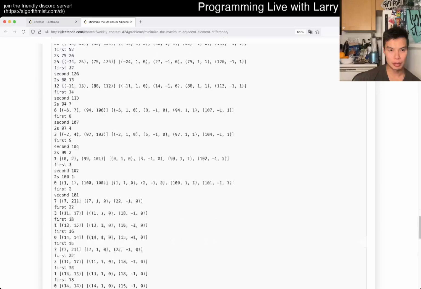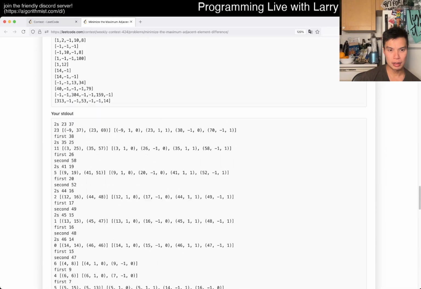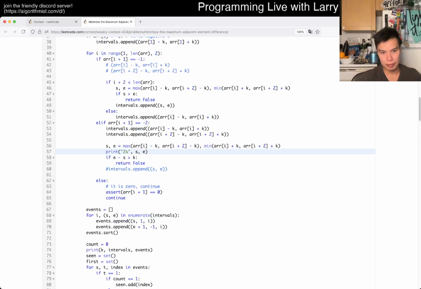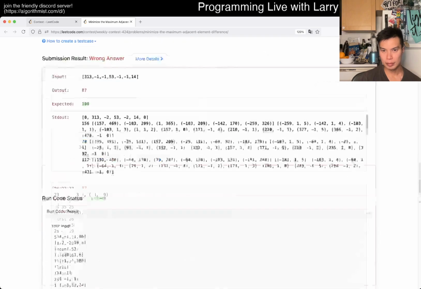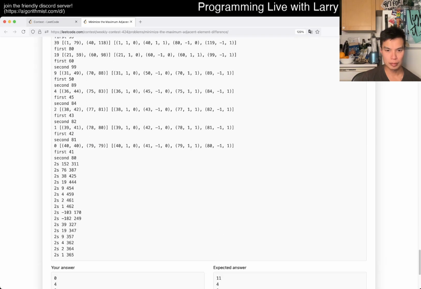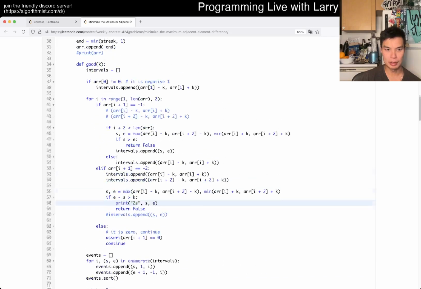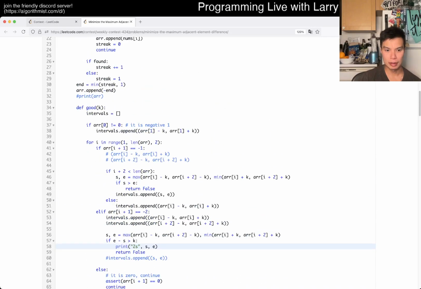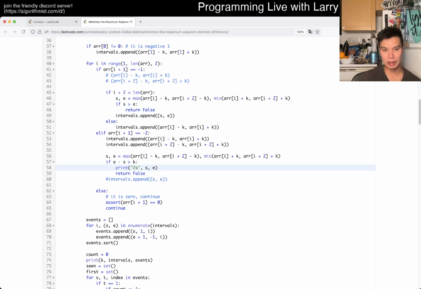So that's for k is equal to 0, I guess. What's going on? Why am I not printing everything? Because it returns early. Okay, fine.